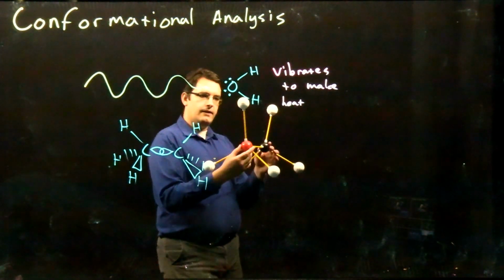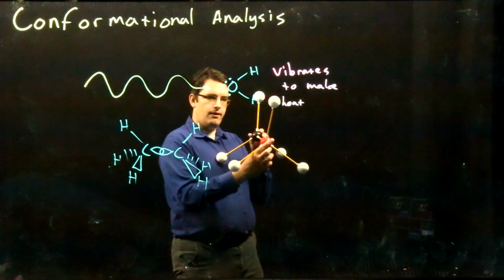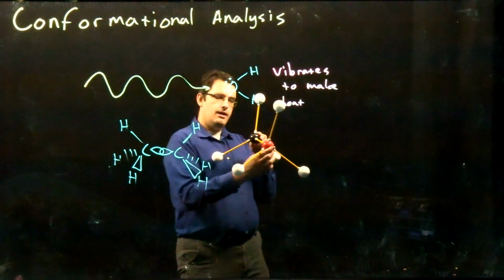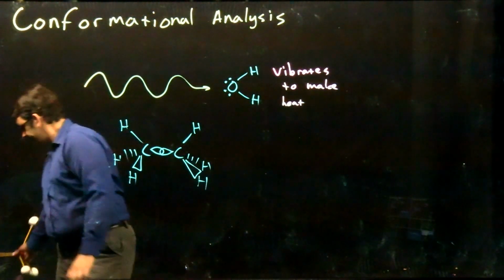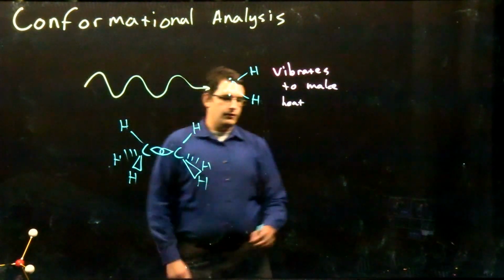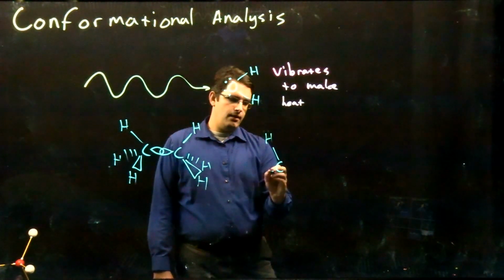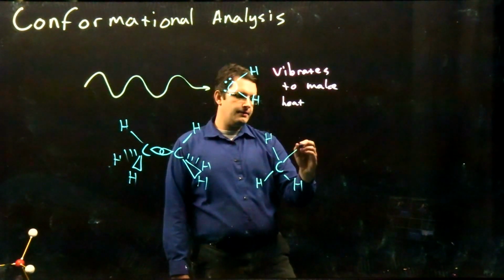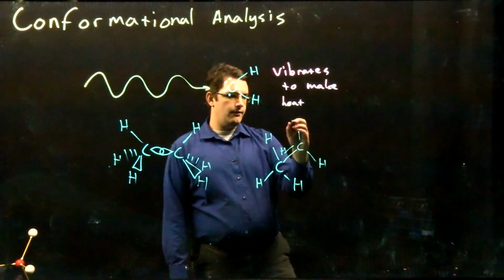So the first method is a sawhorse method. And basically what we're going to do is we're going to kind of hold this at an angle so we can see both atoms. And we're going to try to draw it out like that. So with my sawhorse, I have my carbon in front, and then I show the bond going back to my carbon in the back with the hydrogens coming out there.